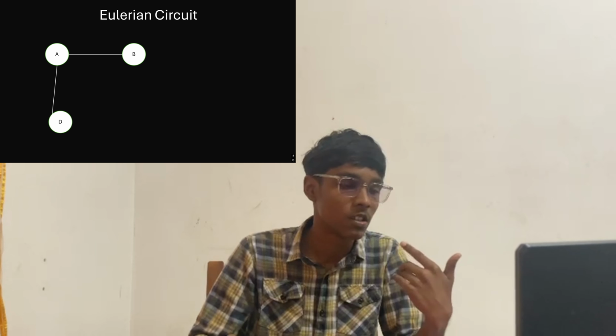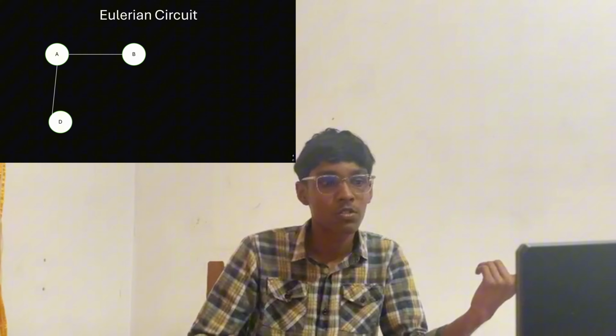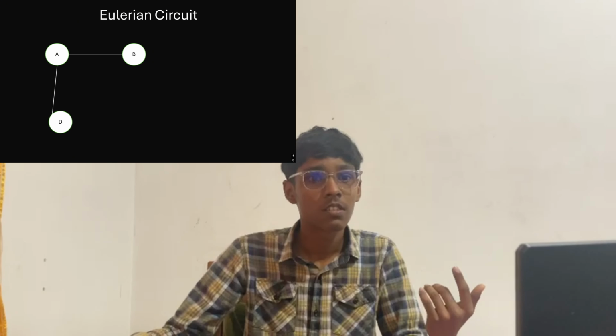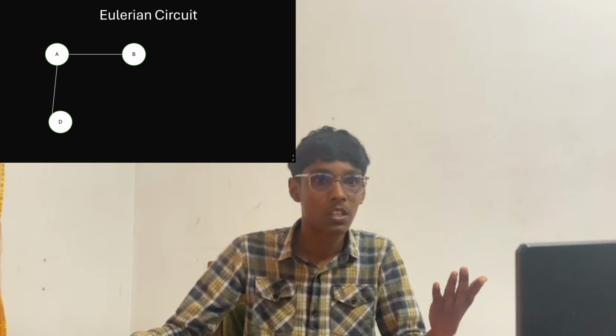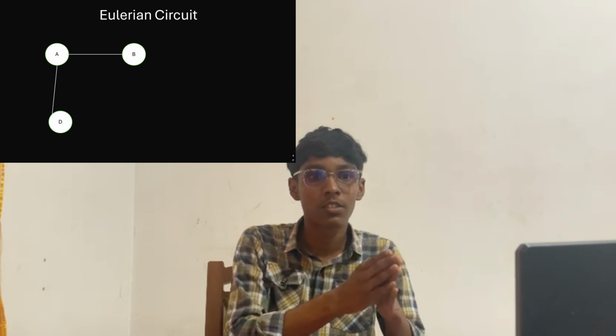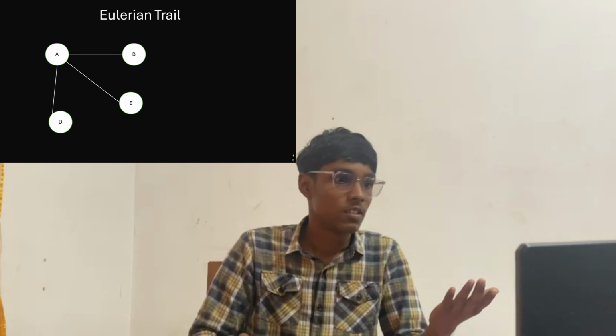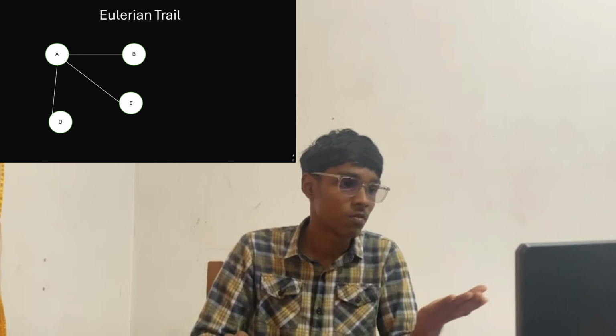An Euler circuit exists when the graph is connected and all vertices have even degree, like this: they have only 2 edges, that means even, or 4 edges or 6 edges. But an Euler trail or Euler path exists when the graph is connected and exactly 2 vertices have odd degree, like this: it has 3 edges, 1, 2, 3.